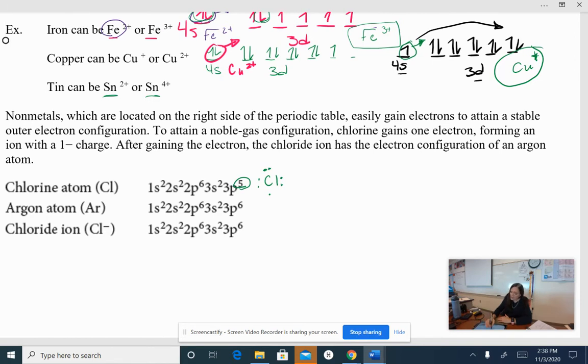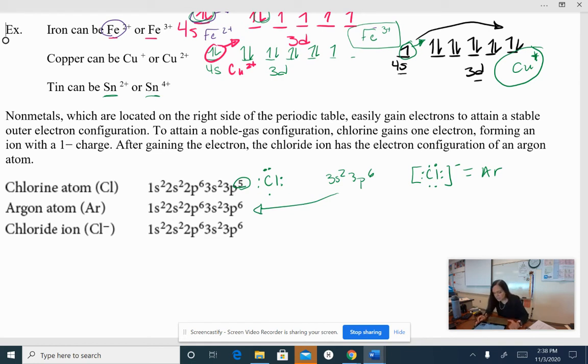So if I add 1 more and create the 3s2 3p6 with a -1 charge, you'll find that chlorine has a full valence shell, which gives it a noble gas configuration like argon. So that's what chlorine will do.